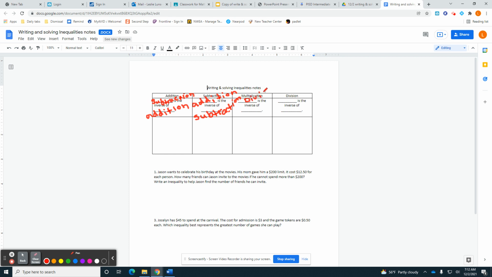Division is the inverse of multiplication. Okay, and then for division, the inverse would be multiplication.